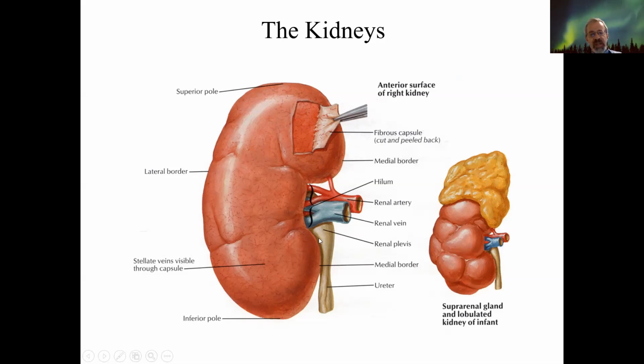We also see this area right here, which is known as the hilus, which is very similar to the hilus of the lung. Remember, the hilus of the lung is where we have the blood vessels entering and leaving, as well as the bronchial tubes entering. Well, in this particular case, we have blood vessels entering and leaving, arteries and veins, and then we also have the ureter leaving. So that's all in what's called the hilus.